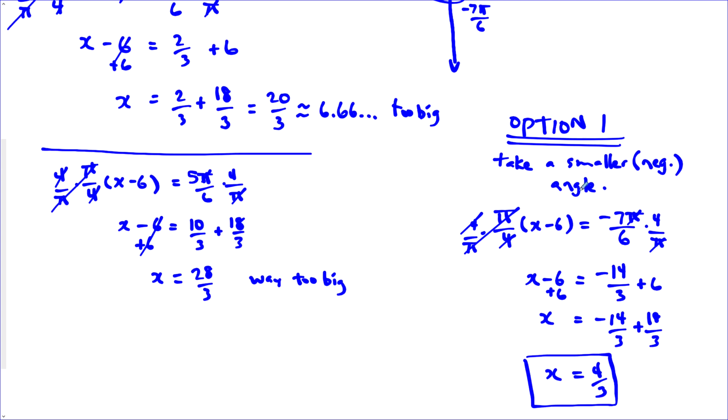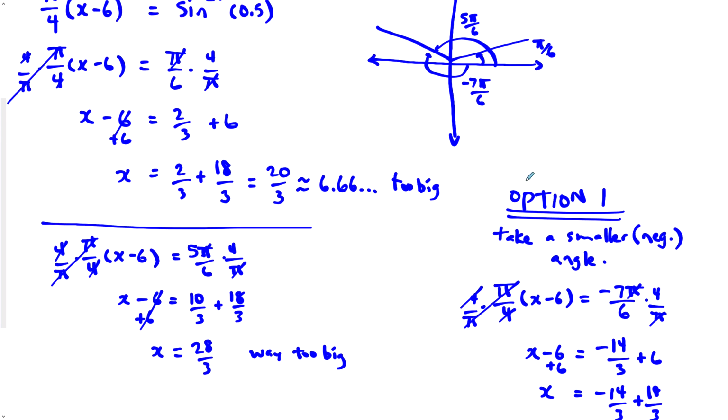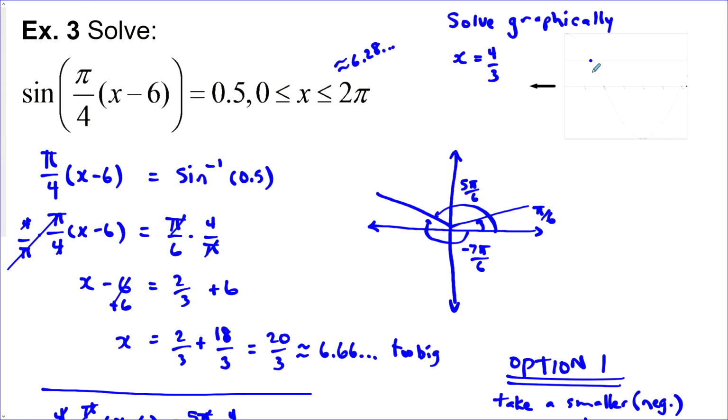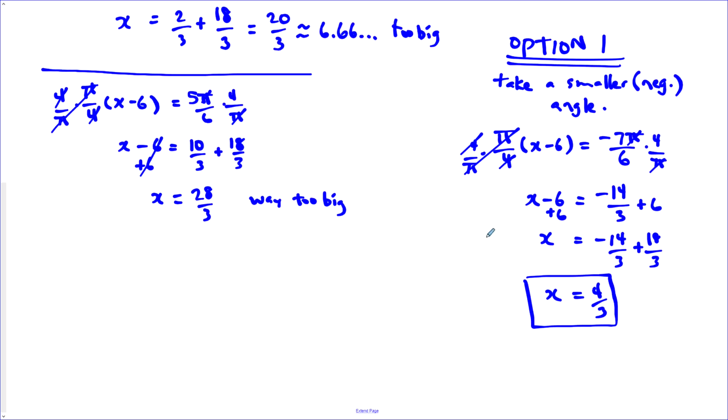Now, if that smaller angle worked, what about the next smaller angle? If we were doing this blind, and didn't know that there was only one solution, we might be looking for the next smallest one. The next smallest angle here would be negative 11 pi over 6. So let's try that.